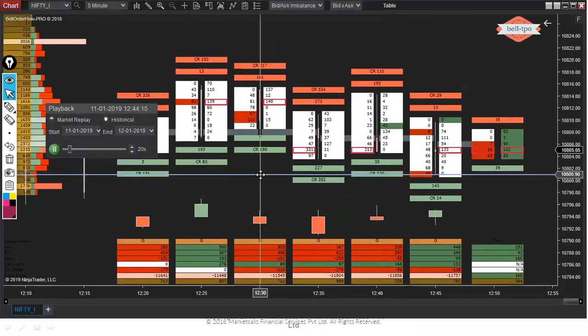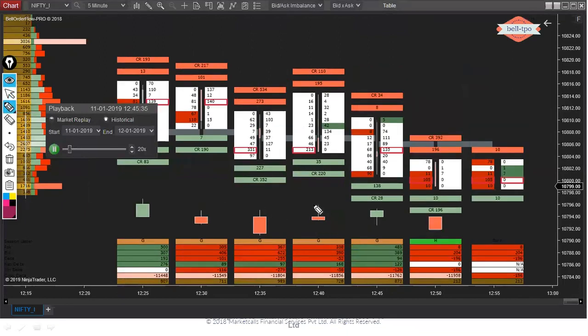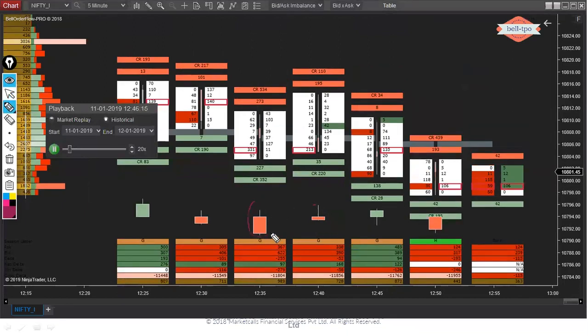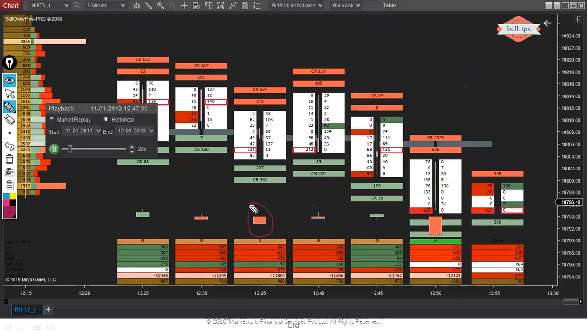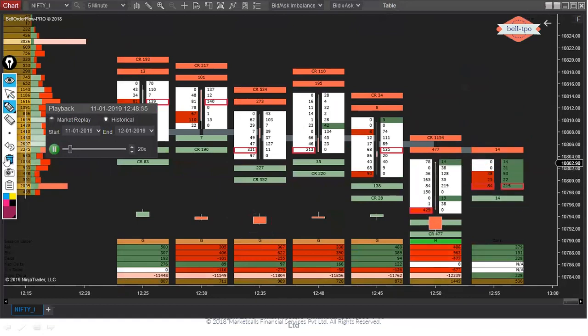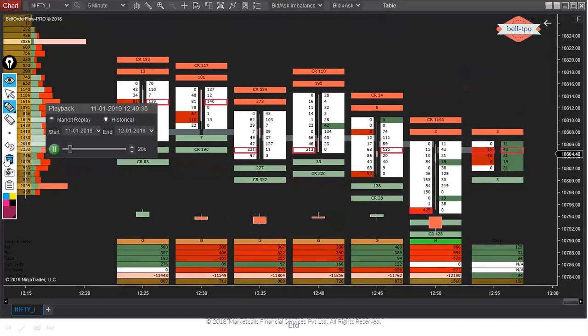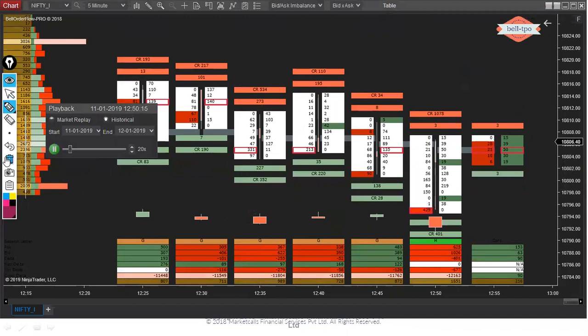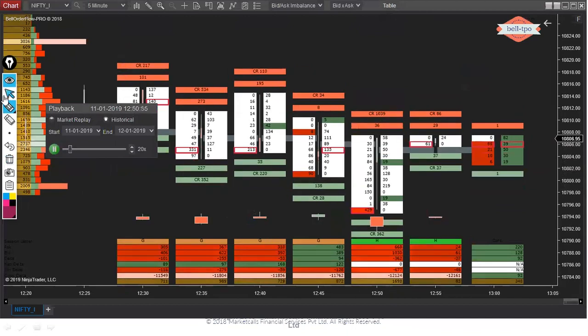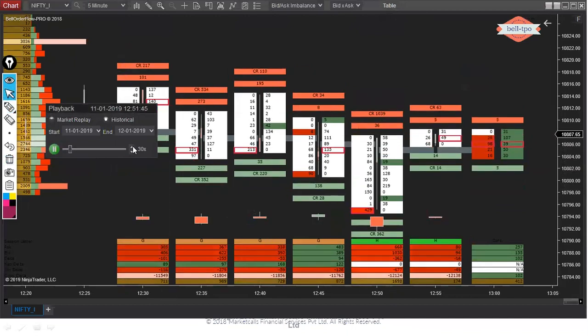I'm going to remove this reference level. And you can see that wherever the delta candle is bigger, that is where more sellers entered compared to buyers. Maybe I could increase the speed further to 50x.